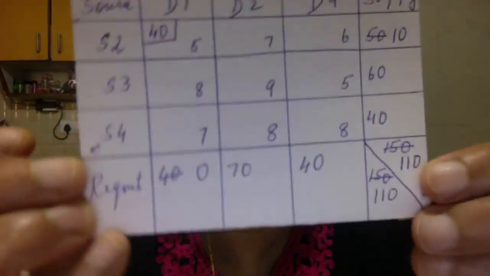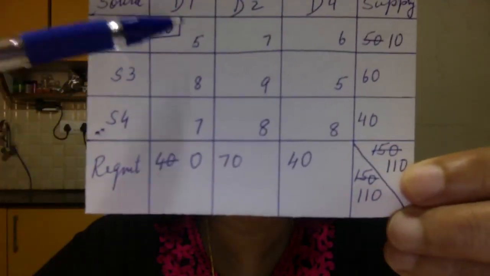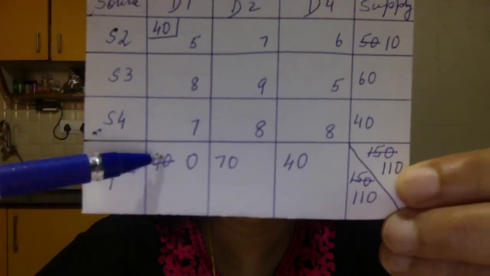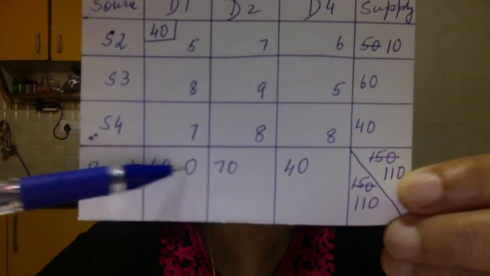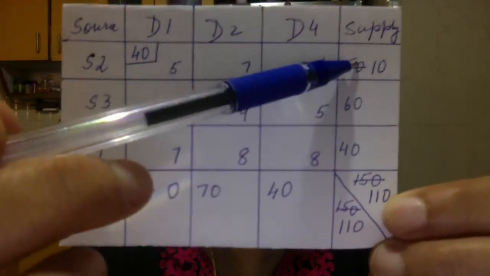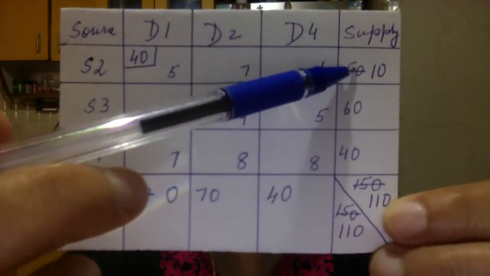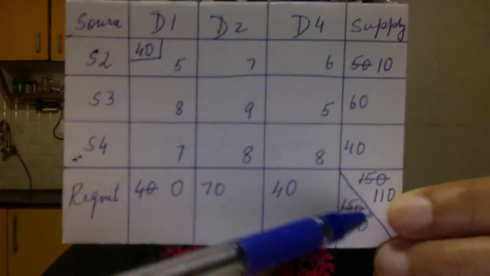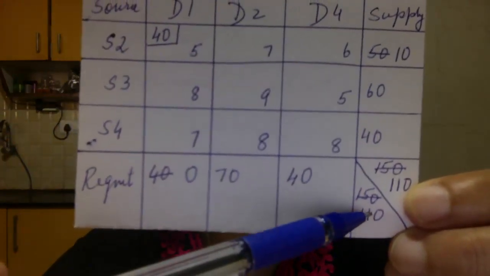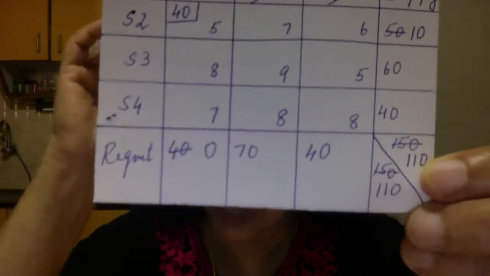So I've done 4 steps. You can see I've allotted 40 here. Second step, made this requirement 40 minus 40, 0. Third step, 50 minus 40, 10. Fourth step, 150 minus 40, 110.